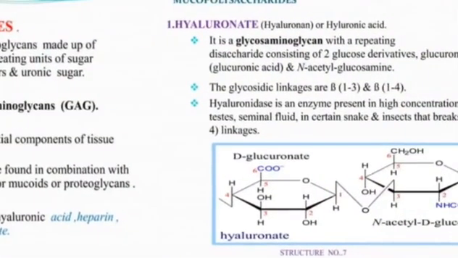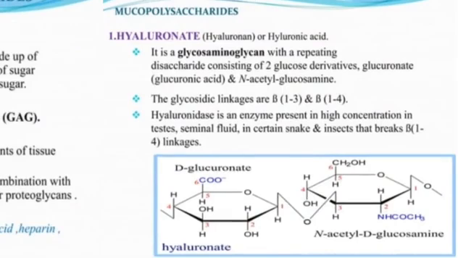So, an example is hyaluronic acid or hyaluronate. This is a glycosaminoglycan with a repeating unit of disaccharide consisting of two glucose derivatives, glucuronate or glucuronic acid and N-acetylglucosamine. So you see, glucuronic acid and N-acetylglucosamine join together in a repeating unit. So two types of monosaccharides have joined together to form this hyaluronate.